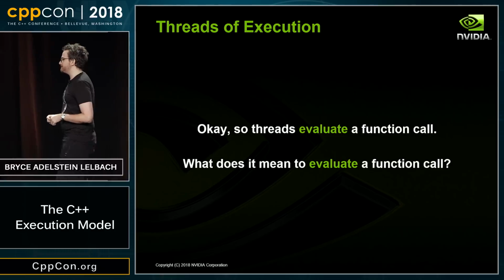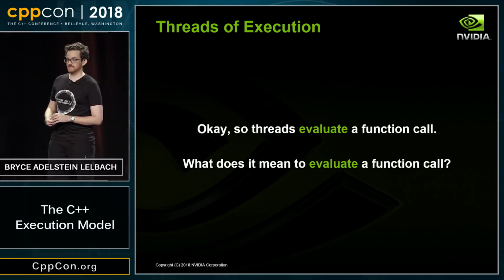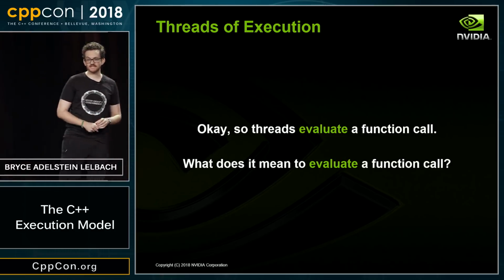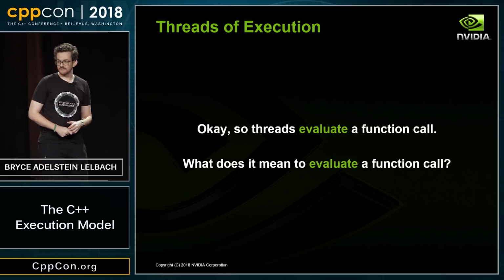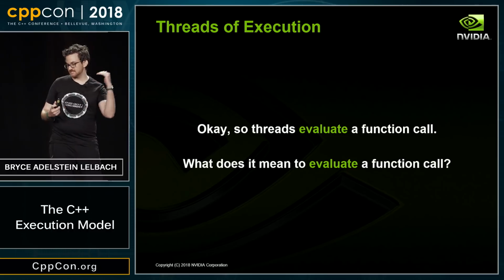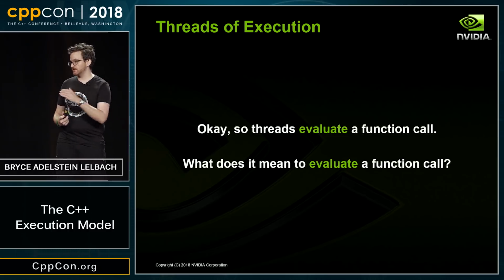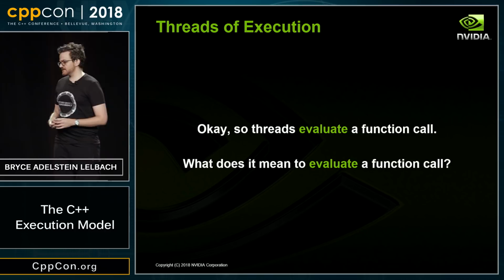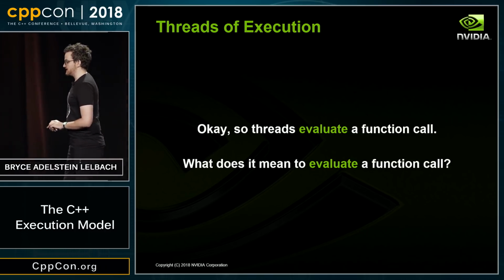So what does it actually mean to evaluate something in C++? How does that actually get translated down to concrete steps that have to be performed on your concrete system? To understand evaluation, first we have to understand expressions.